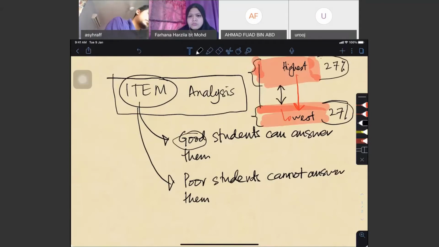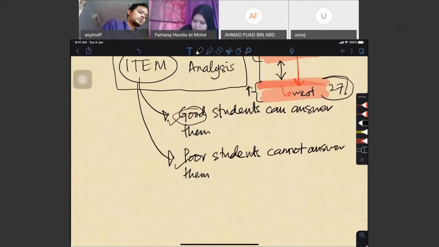If you want as many students, why not take the top 50% and bottom 50%? So the compromise seems to lie somewhere around 27, according to some statistical workout. So these are the assumptions.